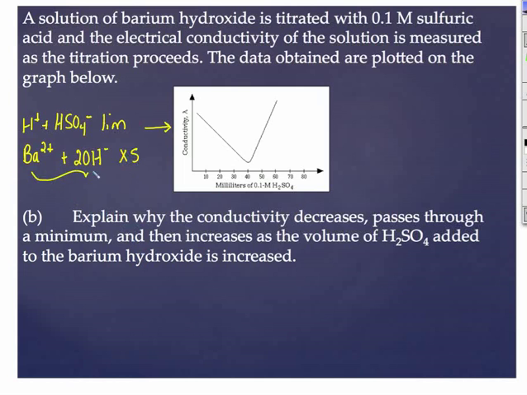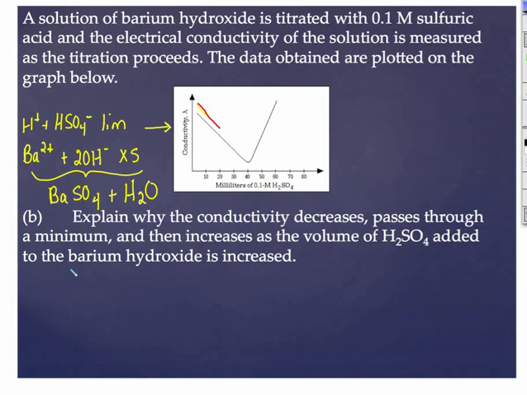Okay? Now, we're taking those two and forming a solid and pure water, neither of which will conduct. So, as we go down here, we're losing more and more and more. Let me get a better color. We're losing more and more and more of our barium and hydroxide ion.